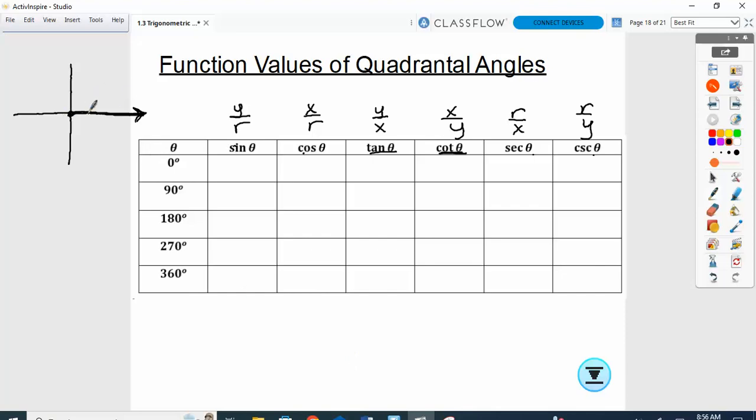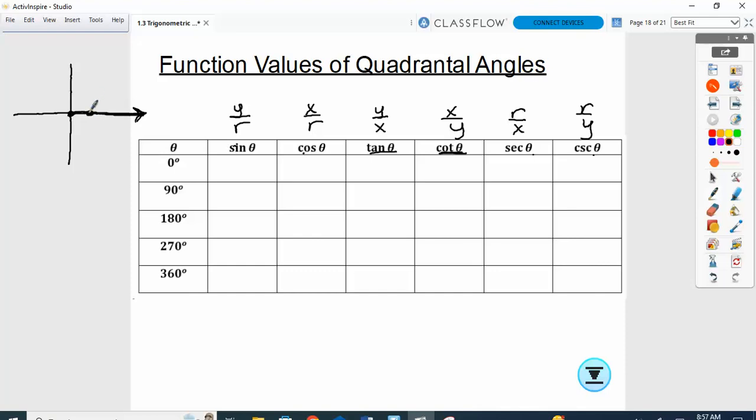So we could take any point on the side. We did some yesterday where I gave you an equation of the terminal side, and we just had to find a point that would fall on it. So if I looked at this particular point, and we could pick anything, we know the x would be positive and y would have to be what?